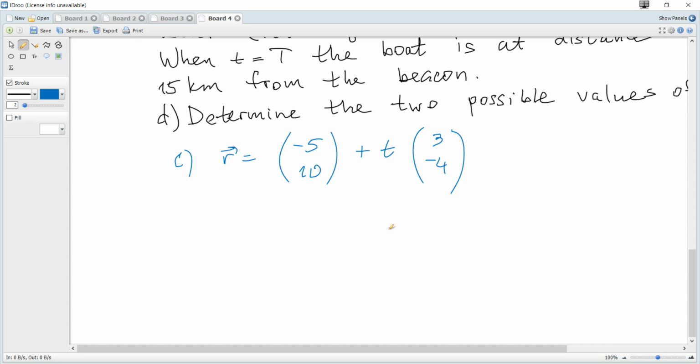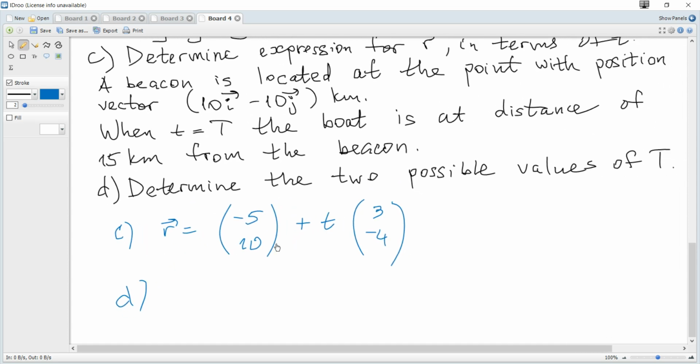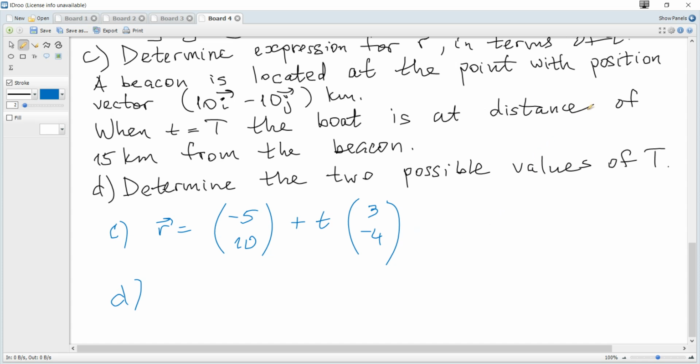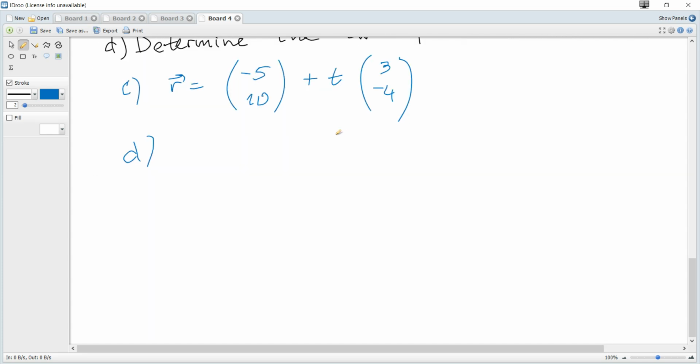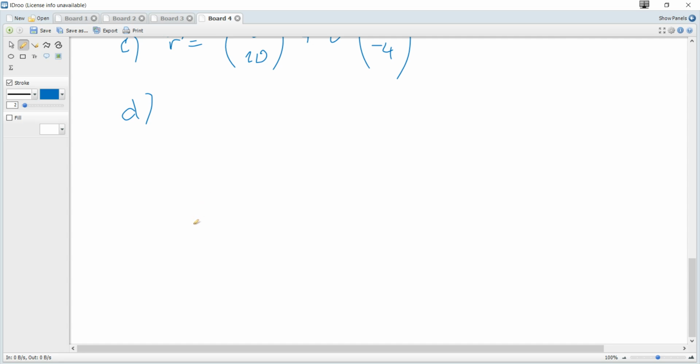The next. A beacon is located at the point with position vector (10, -10) kilometers. When t is capital T, the boat is at a distance of 15 kilometers from the beacon. Question D: determine the two possible values of T. So this situation looks like this: the position vector of the boat at any moment of time, and there is a position vector of the beacon.